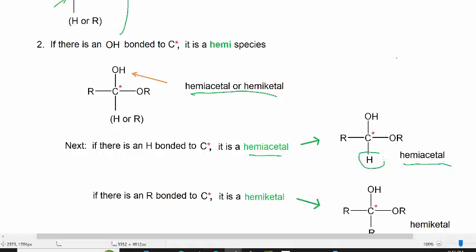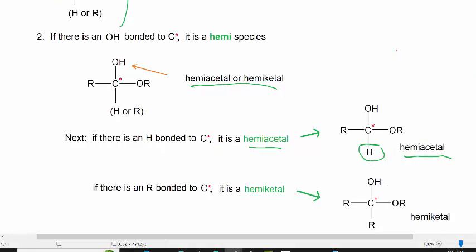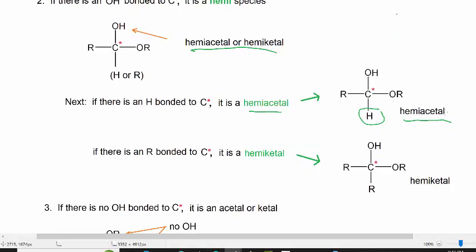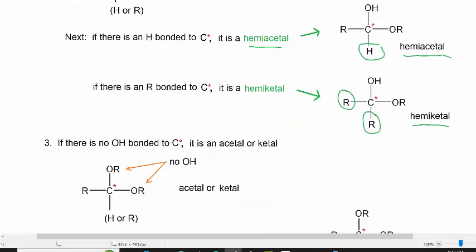It is here, the hydrogen attached. Now, if there is no hydrogen directly attached to the starred carbon, if it's only carbon groups, then it's a hemiketal. You can see here that there is no H directly attached to the starred carbon, only carbon groups, so it's a hemiketal.